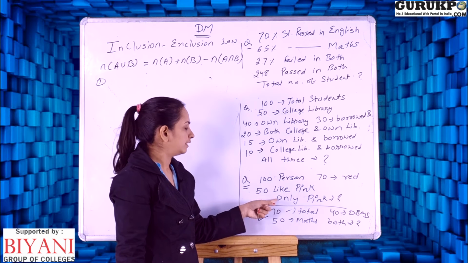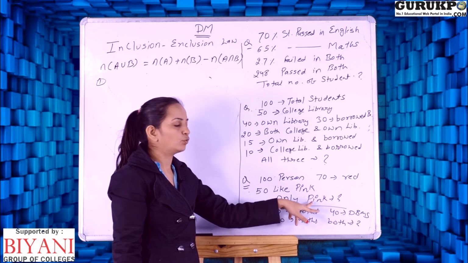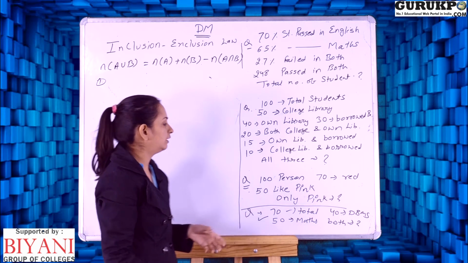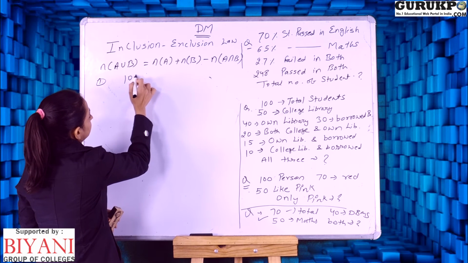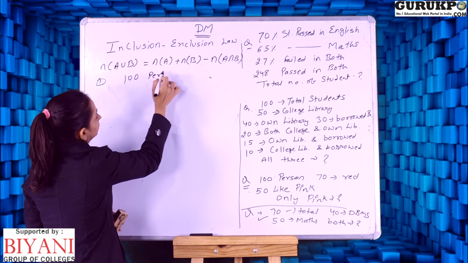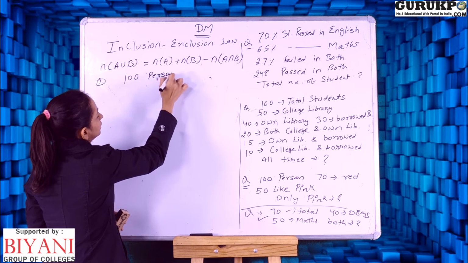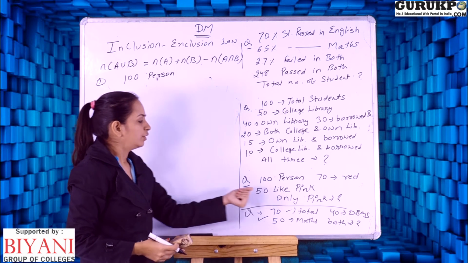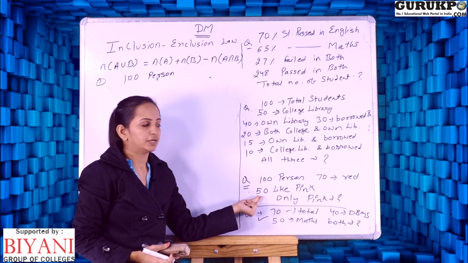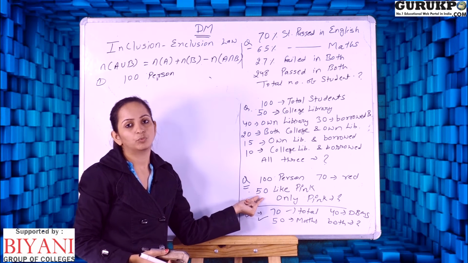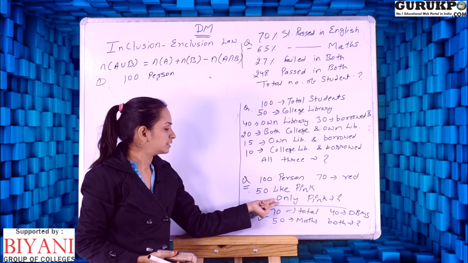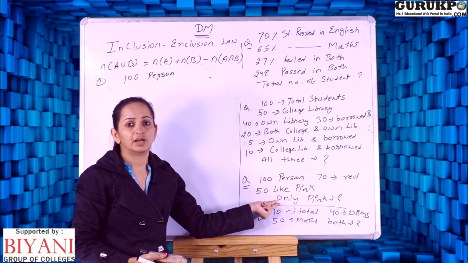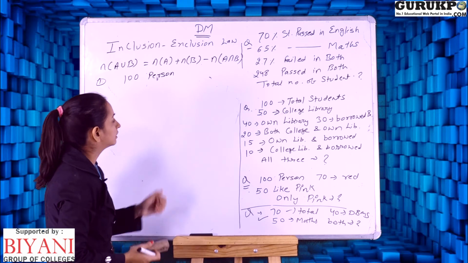The question asks how many persons like only pink color. The same setup again: 100 persons are there, some persons like red color, some persons like pink color, but there may be some persons who like both the colors. So the question asks how many persons like only pink color, they do not like the red color.